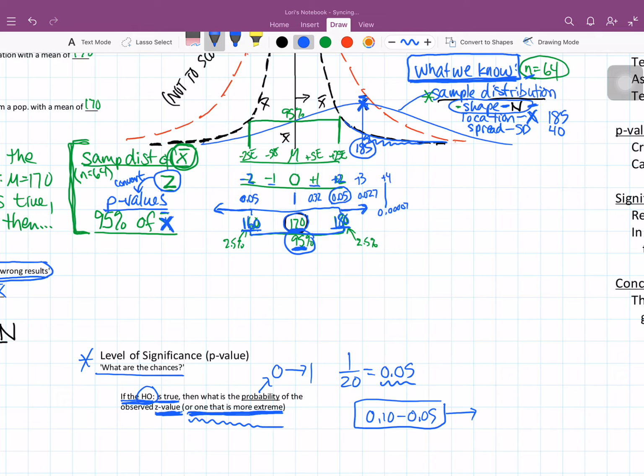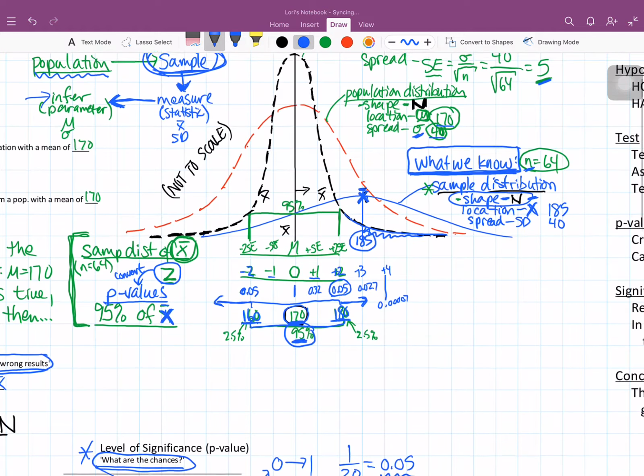But again, that could happen about 5% of the time that you get one that extreme or more extreme. Anything that's greater than 0.1, we think, well, the chances of that happening are pretty good. We would expect to see that pretty much all the time.